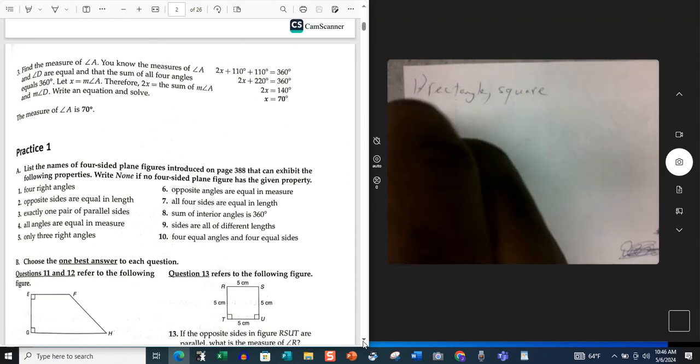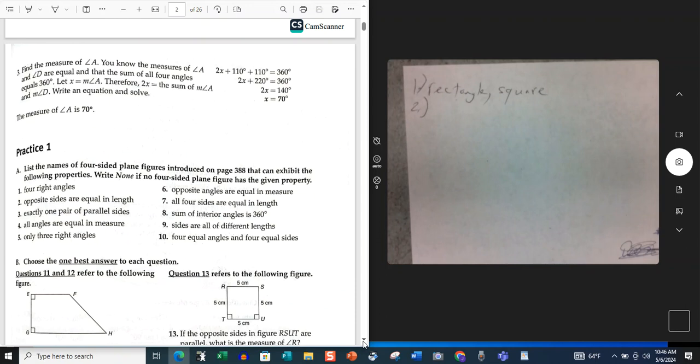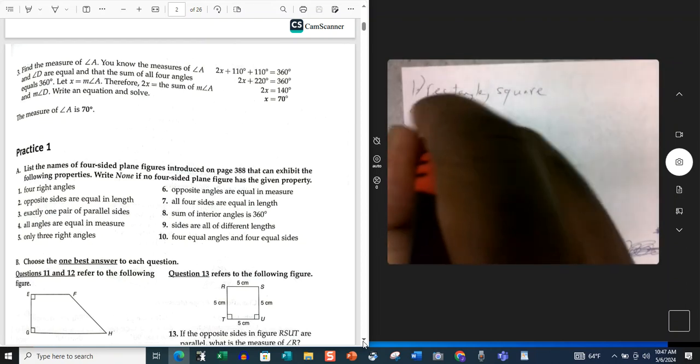Problem number two. Now, I'm not going to keep switching back on pages. You can look in your book to look back at the properties, but I'm going to give you the answers here. So number two, it says opposite sides are equal in length. So that's a parallelogram.